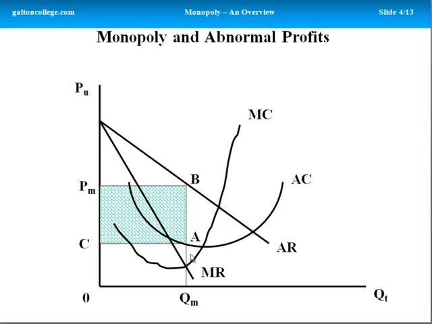We have marginal cost. Marginal cost always cuts the average cost at its minimum point, always. Students often make mistakes here and draw the marginal cost cutting somewhere else. That's wrong. It always cuts at the minimum point.